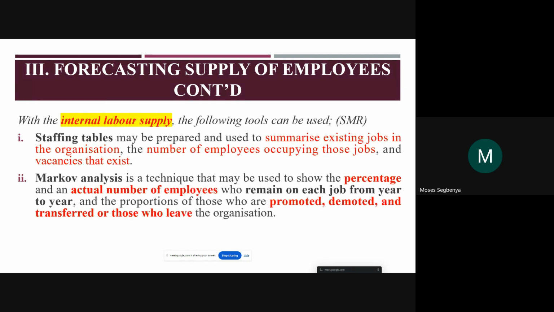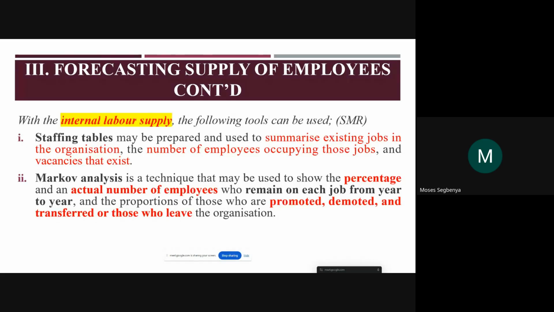So if we go for the internal, with the internal labor supply, the following tools can be used. You can use what we call staffing tables, which may be prepared and used to summarize existing jobs in the organization, the number of employees occupying those jobs, and the vacancies that exist. As you do the summary, the staffing table will show the positions and what jobs exist in the organization.